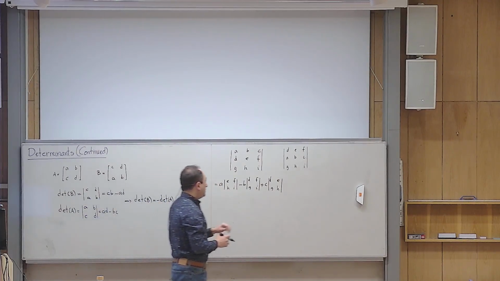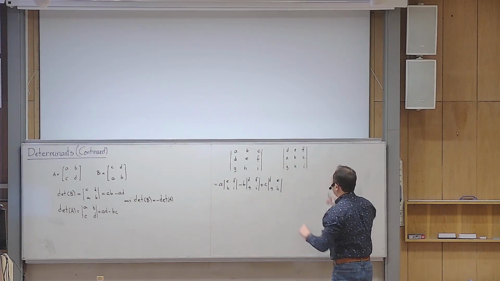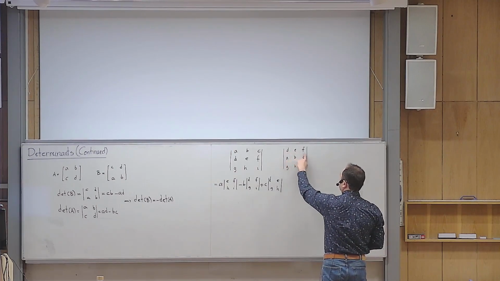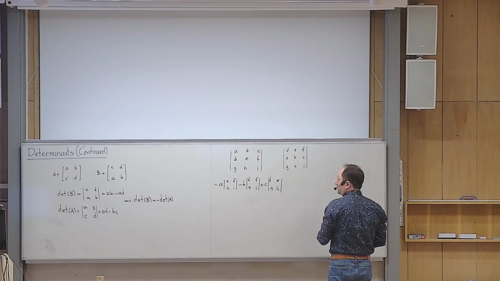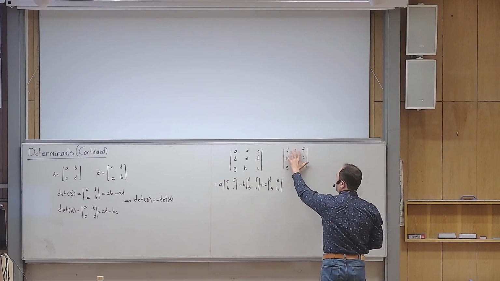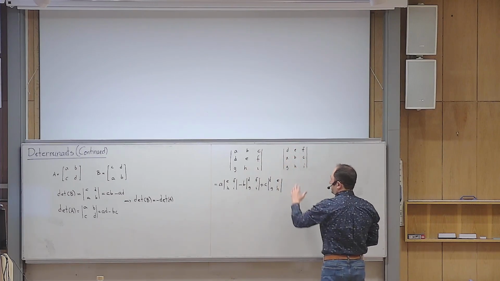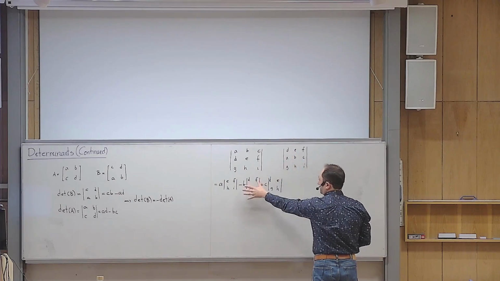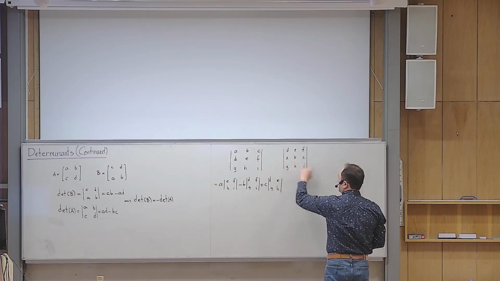But now here, if I want to find that, of course I can also expand it on the first row, but I intentionally expand it on the second row, because I want to compare the result of this determinant with the previous one. So it is better to make it very similar to this. So instead of expanding this on the first row, I expand this on the second row.